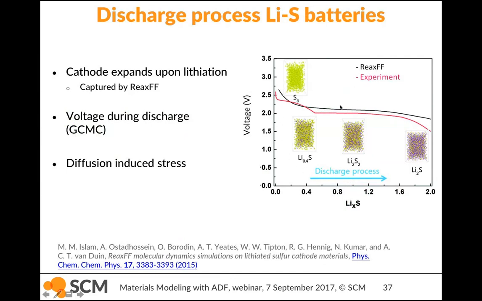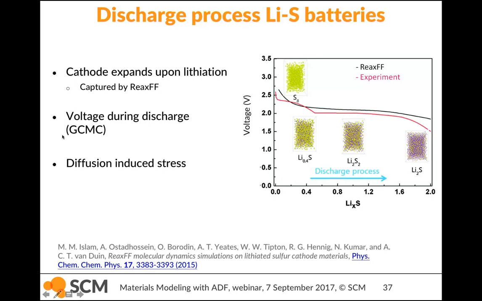As you can see, in general, the ReaxFF simulations agree reasonably well with the experimental results in how you get a drop-off in the voltage as you start lithiating the sulfur cathode.